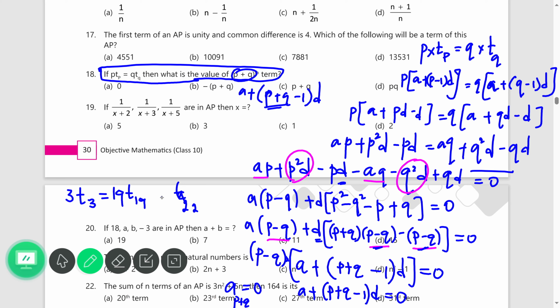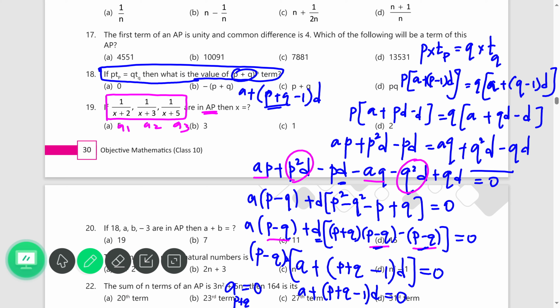19th one. Have you seen the 19th one? It's the same, 3 terms are given in AP, and they asked to find X. What will you do? The same manner. A1, A2, A3. So A2 minus A1 equal to A3 minus A2.